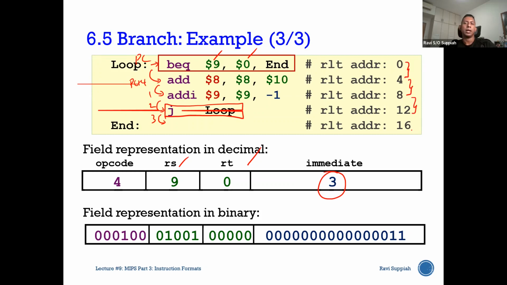That means when I say it's 3 lines away, it's actually 12 bytes away. This translation of the immediate value to the actual number of bytes is done in the hardware. The instruction only specifies the number of lines, that means number of instructions. But the translation to the actual number of bytes, which is a multiply by 4, is done in the hardware, which we will see later. I just wanted to link it back to this example here.